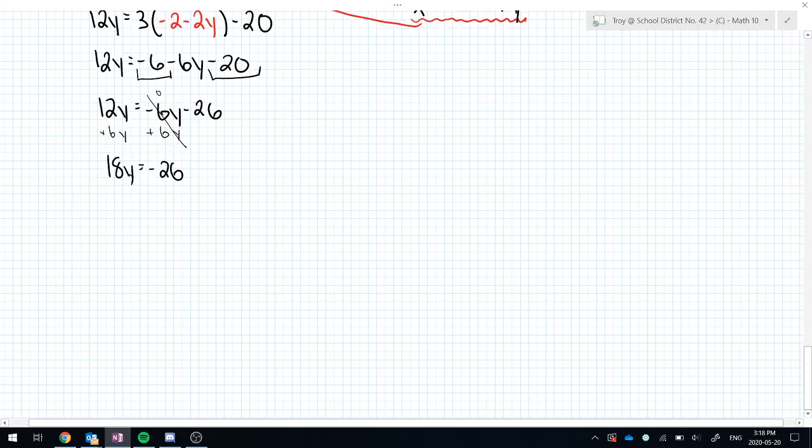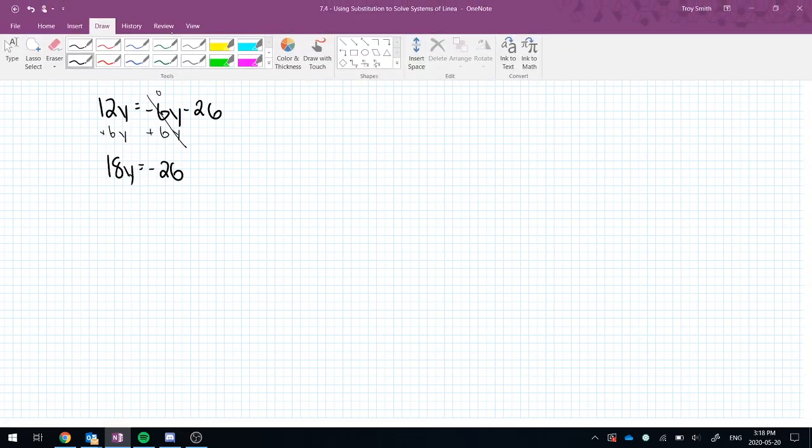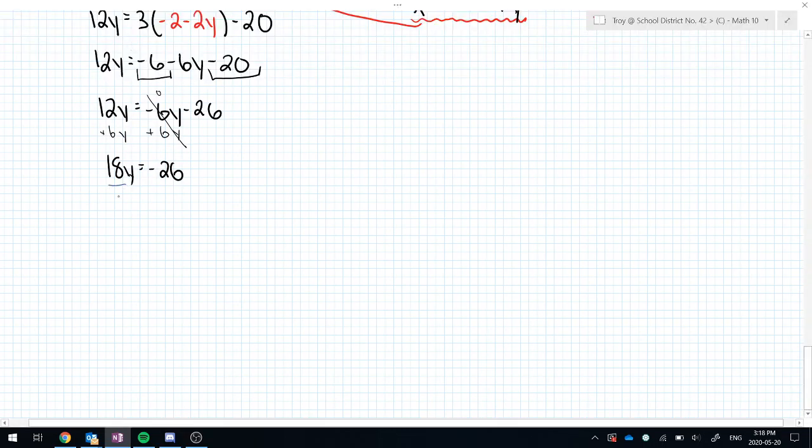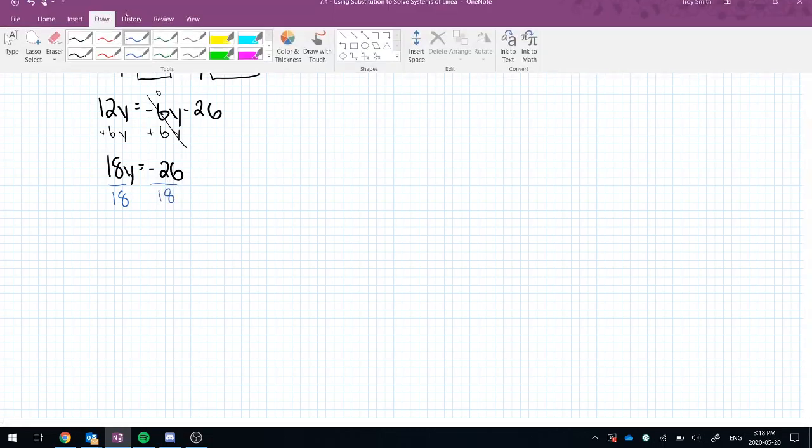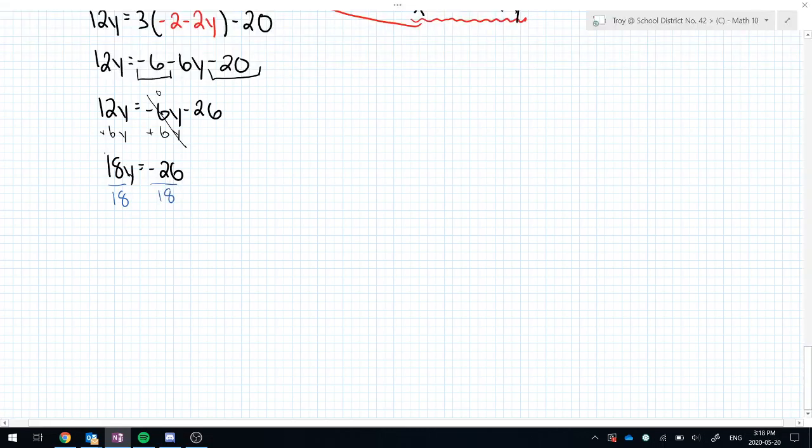And to get the y by itself, that's 18 times y, so I need to divide both sides by 18. We're not going to get a nice number here. So those cancel. So I get y equals negative 26 over 18.